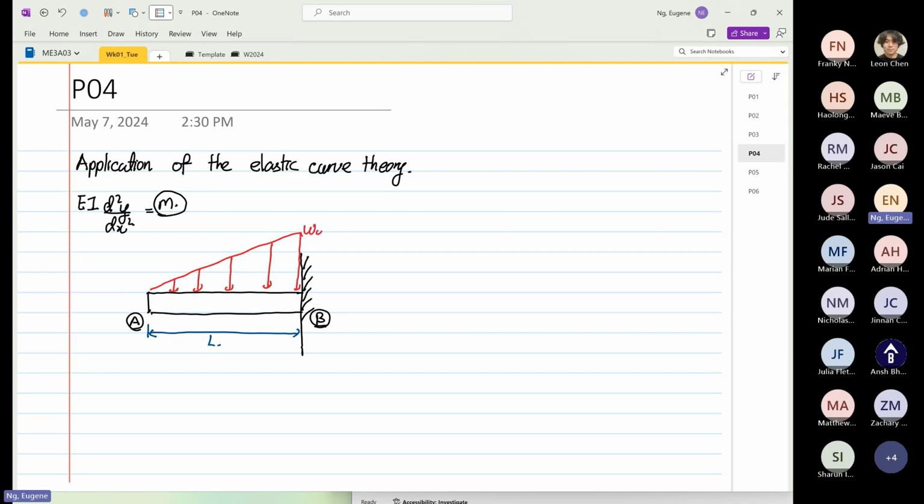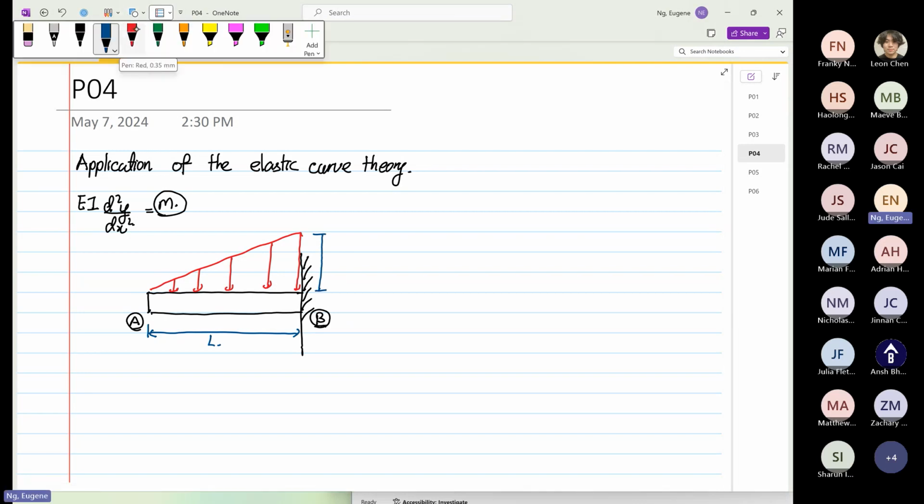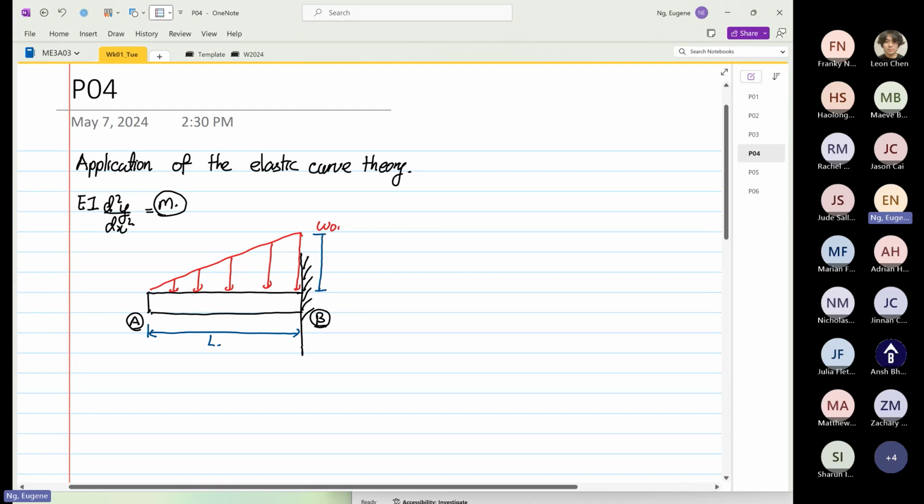And at this end, omega naught is basically the amplitude of the longest arrow. So this is our omega naught.